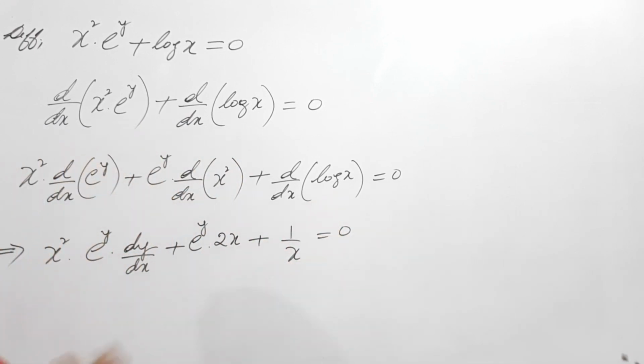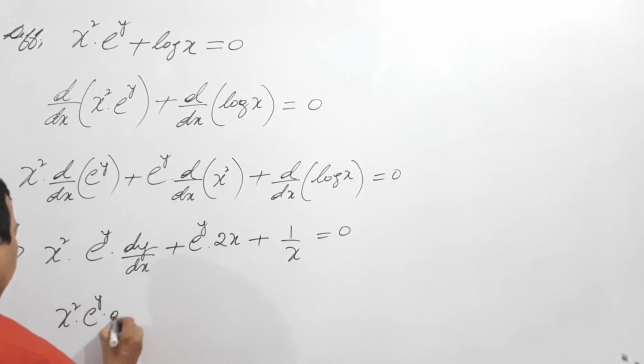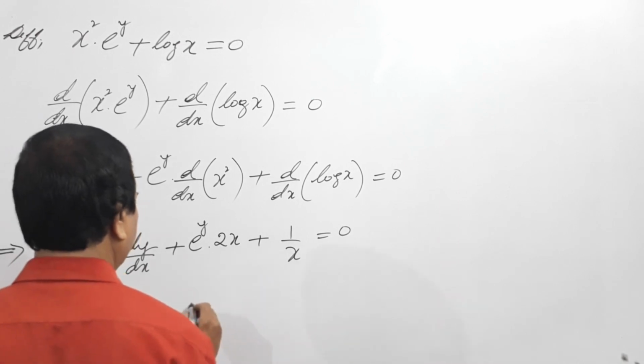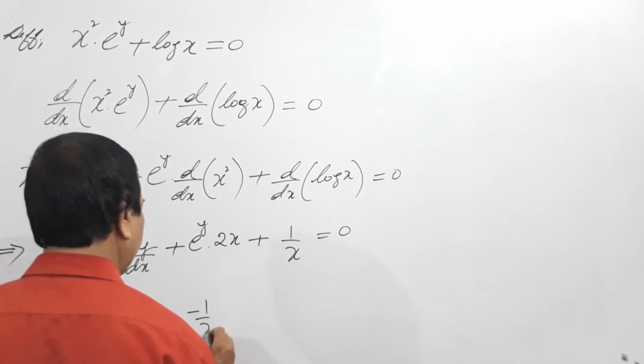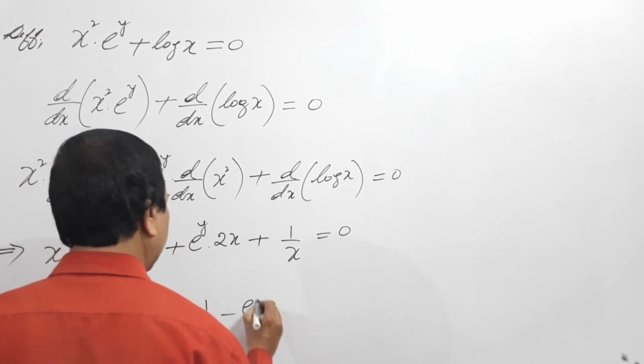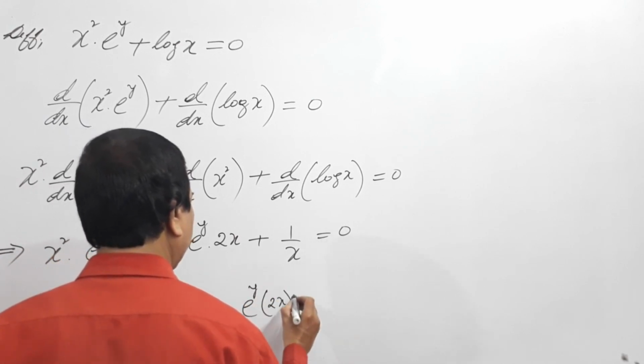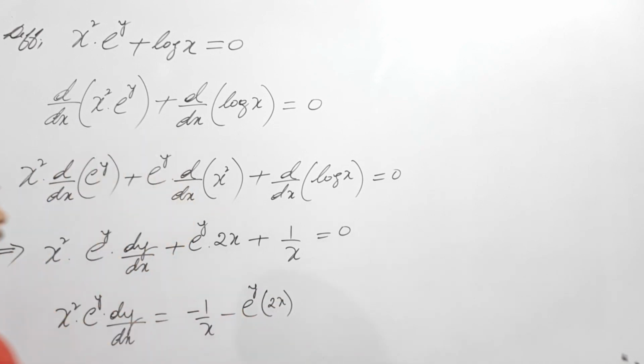So I will send both of these towards the right hand side. This becomes x square e to the power of y into dy by dx equals minus 1 by x minus e to the power of y into 2x.